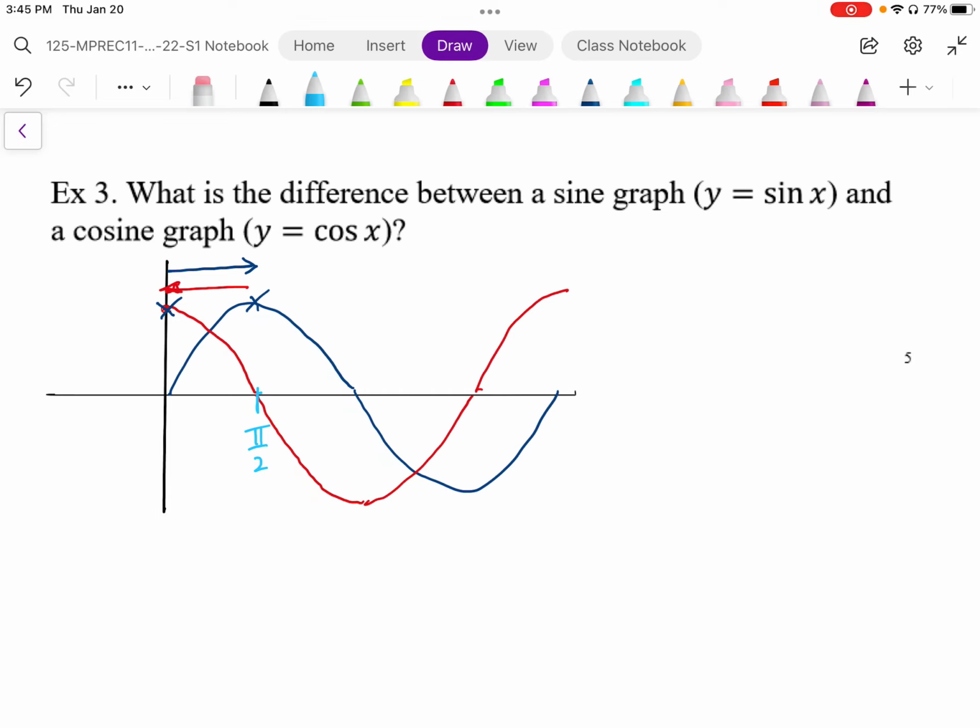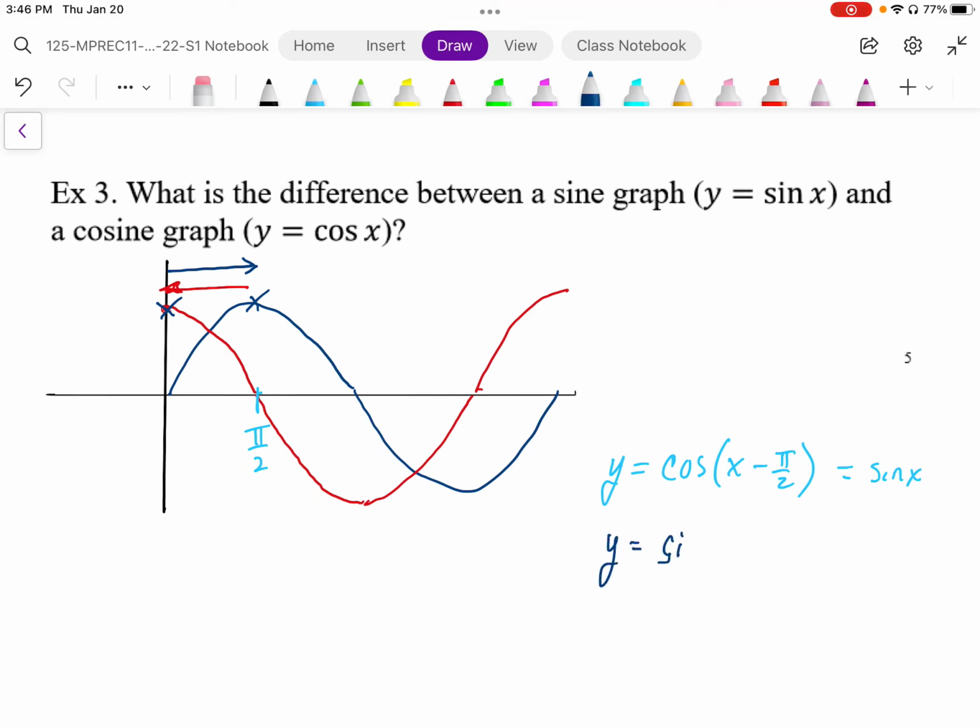And in fact, we can make the cosine look like the sine by shifting it to the right. So if I want to make the cosine look like the sine, I can do cosine of x shifted 1 quadrant to the right, and that would equal the sine. And I could do the same with the sine.